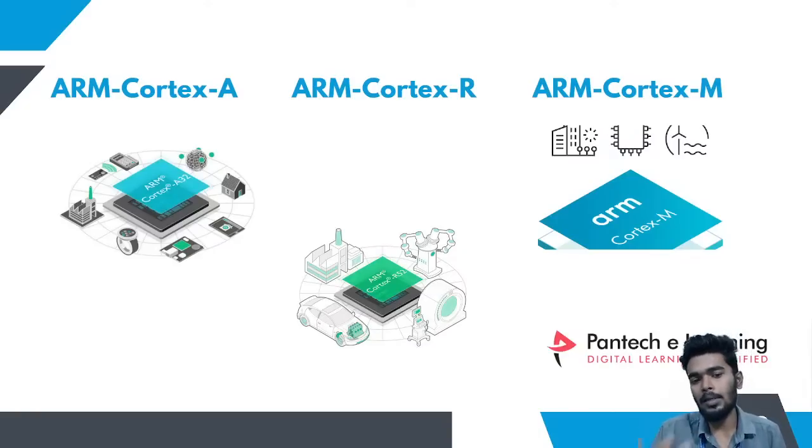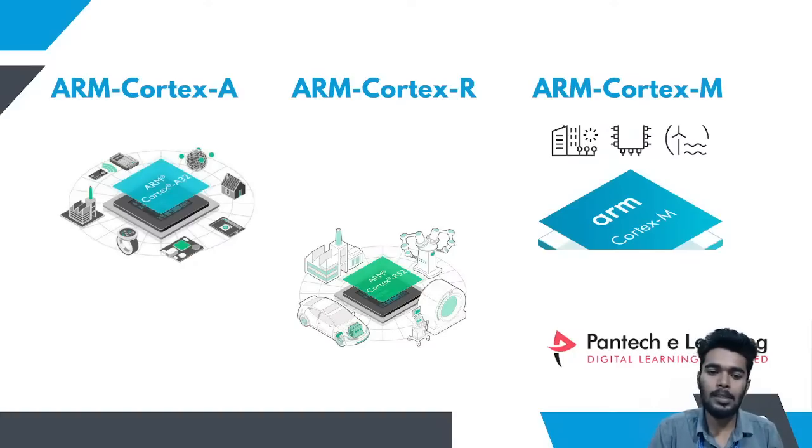It is based on the ARM architecture. If you take Raspberry Pi, it is built on the ARM architecture only. It is not purely ARM Cortex-A, but it is built on the Cortex-A architecture.